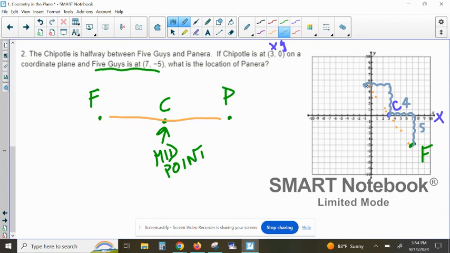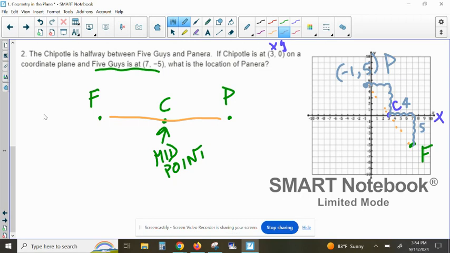And that puts me right there, which is at -1, backwards 1, and up 1, 2, 3, 4, 5. Okay, so I think my Panera is at (-1, 5).